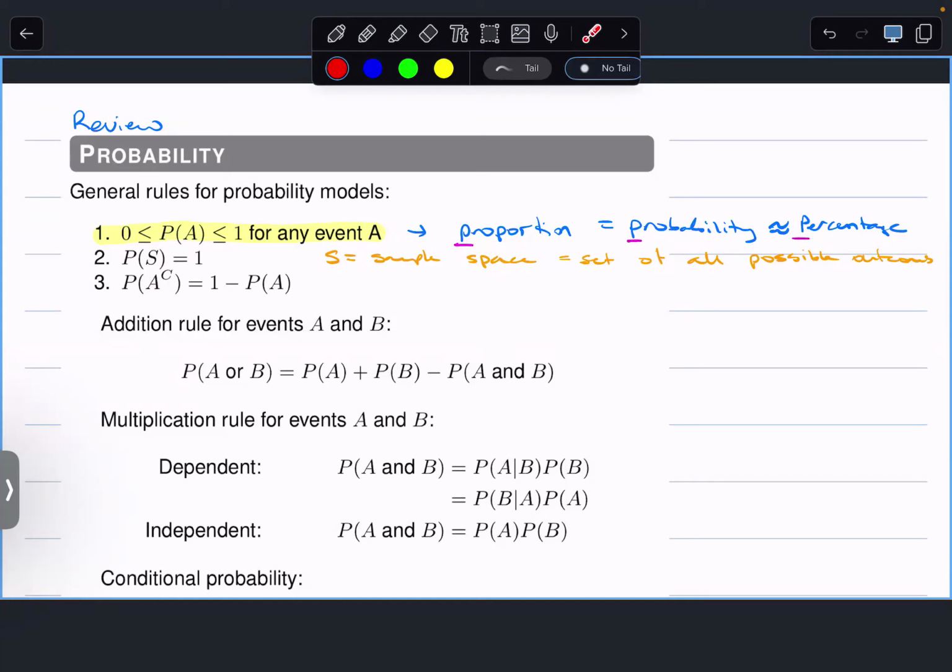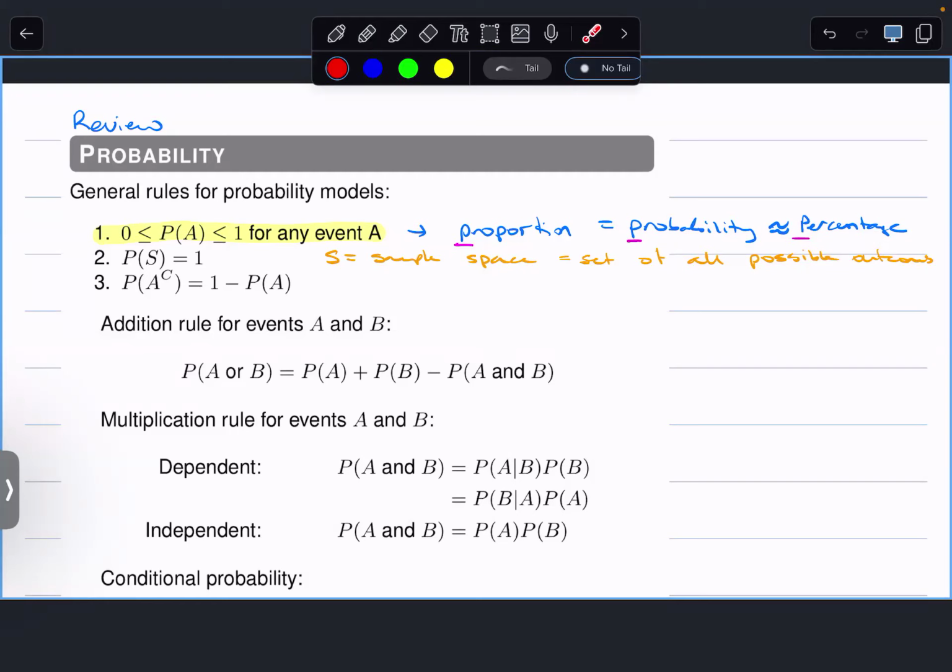From here, we talked about probability distributions. What does it mean to have a valid probability distribution? We said I have to have a list of disjoint outcomes. Disjoint meaning there's no overlap, they can never happen at the same time.